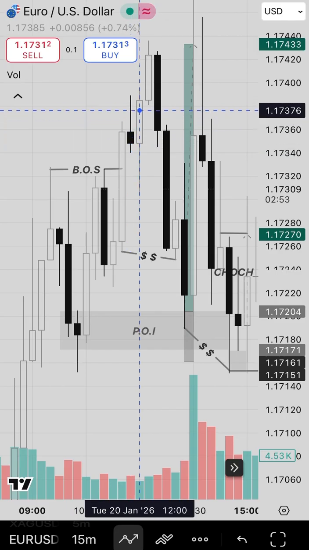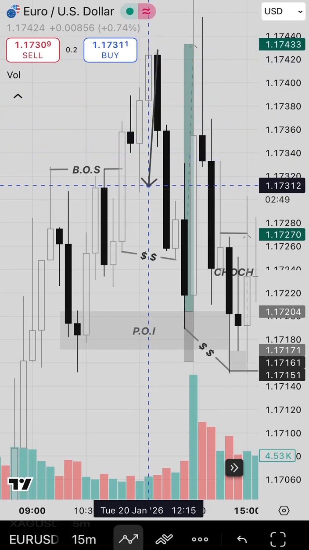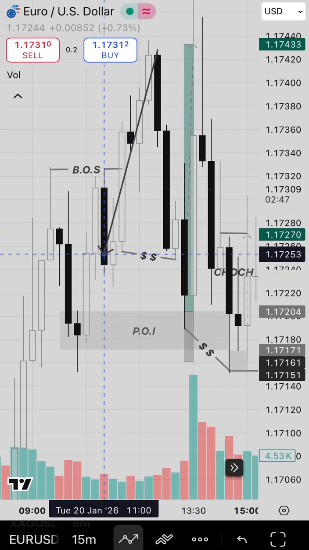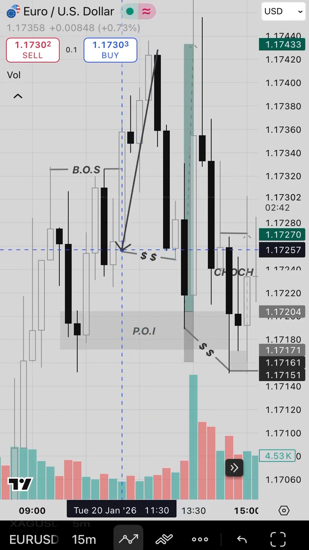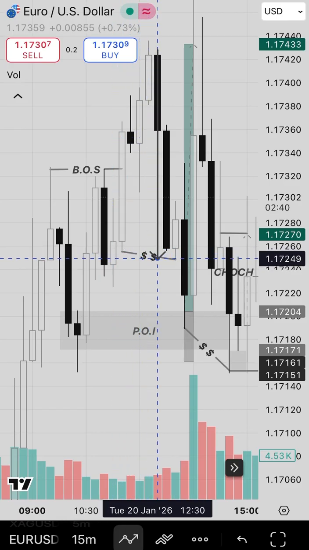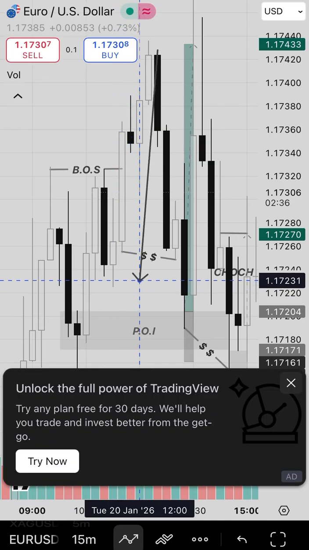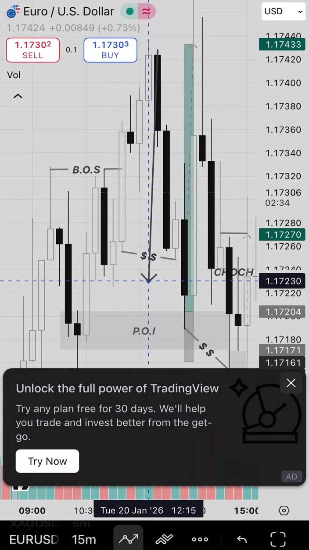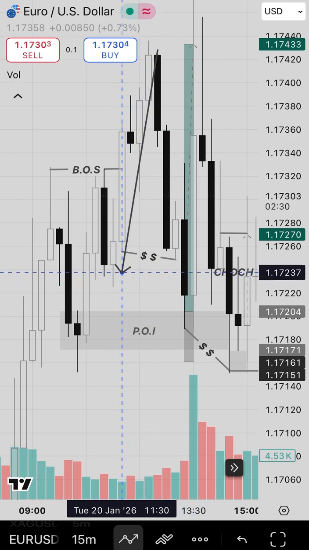So what did market do? Market started coming down from here. Now this you are seeing here is a liquidity sweep. And this other wick here, this is your inducement. These are inducements.